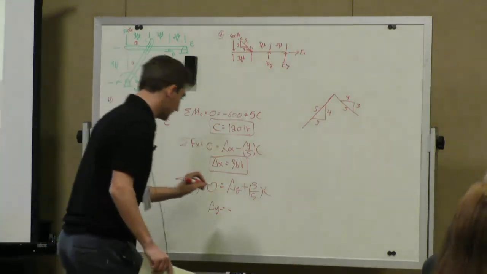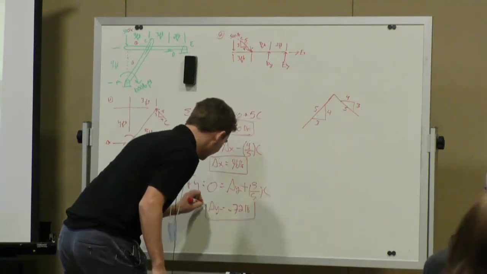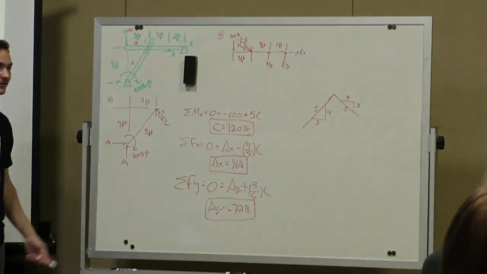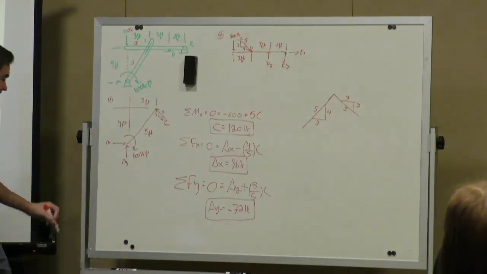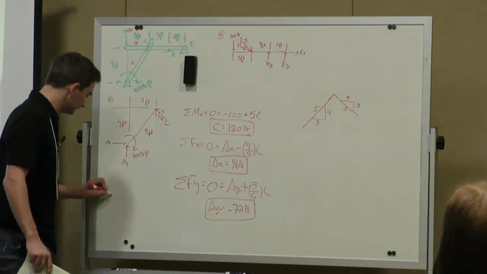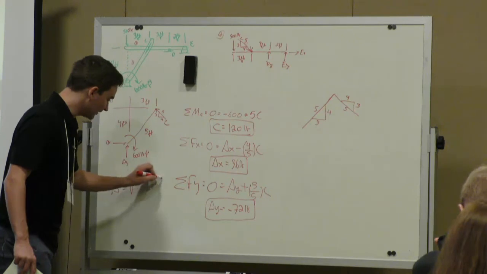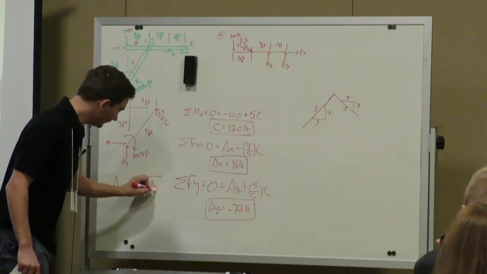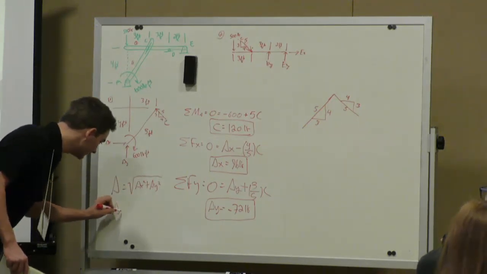Yeah, very good. And now, say there's a question on the test that asks for the magnitude. So what is the magnitude of the reaction at A? Yeah, so the magnitude is equal to the square root of AX squared plus AY squared. So does someone want to plug that in?